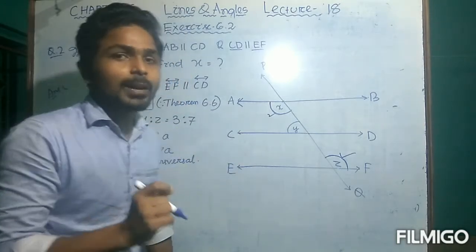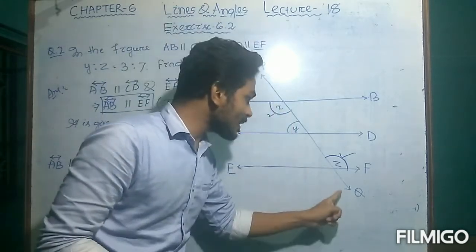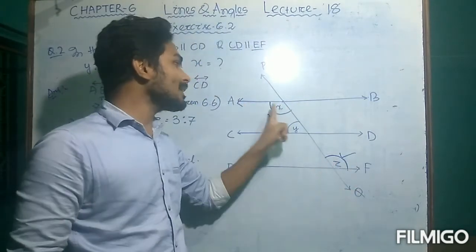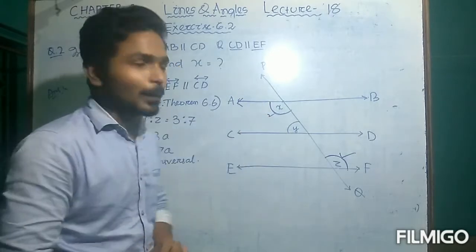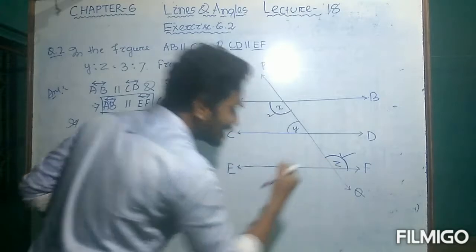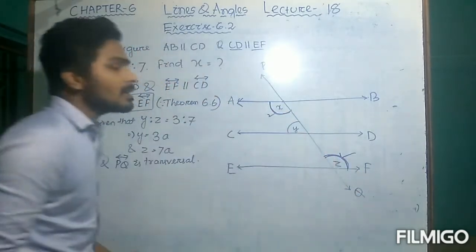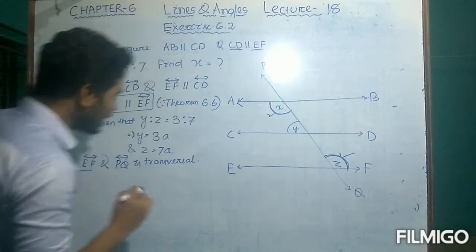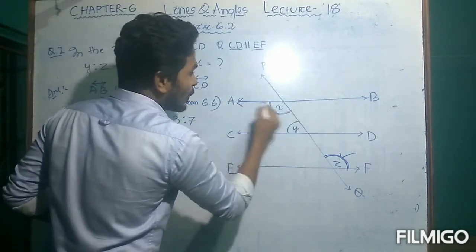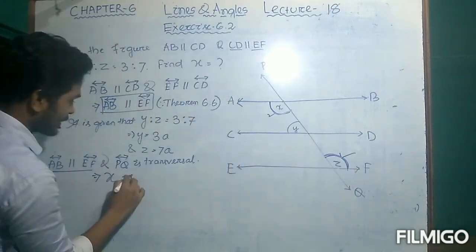And we know according to theorem 6.2 that whenever a transversal line intersects two parallel lines, then the pair of alternate interior angles are equal. So here AB is parallel to EF and this is the transversal line. Hence you can write that these two alternate interior angles will be the same. So we can write angle x is equal to angle z.